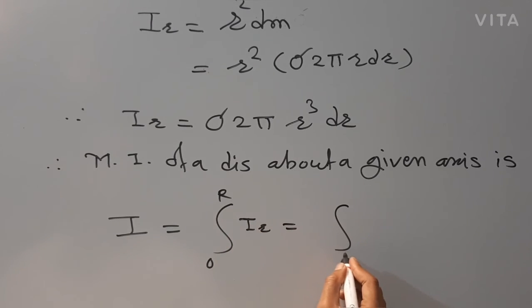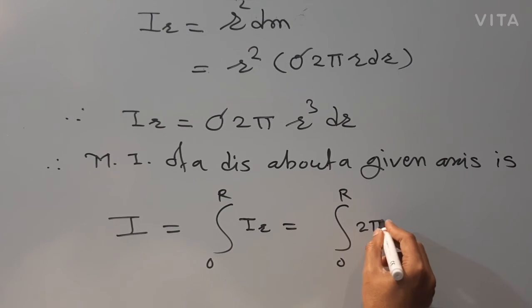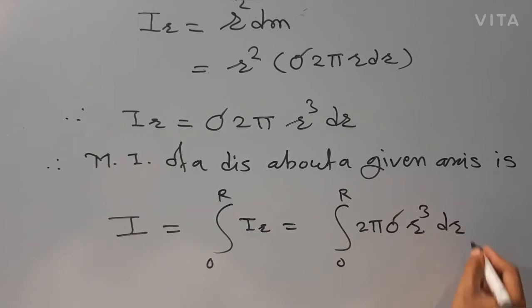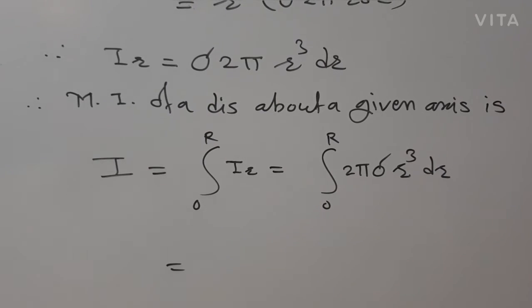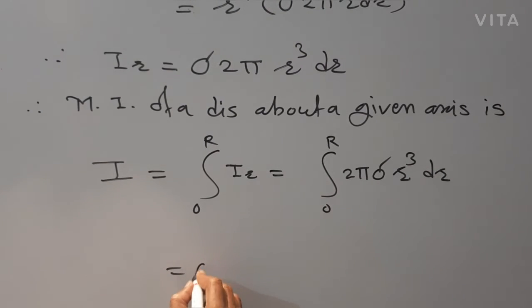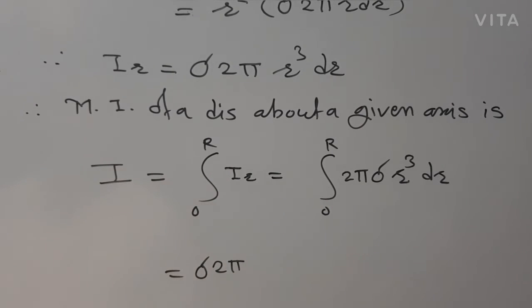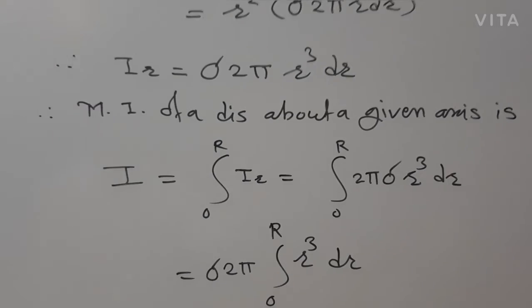So it is the integral from 0 to capital R of 2 pi into sigma into r cube into dr. Now we know that 2 pi sigma is constant. Write it as sigma into 2 pi, and in the integration it is 0 to R of r cube dr.